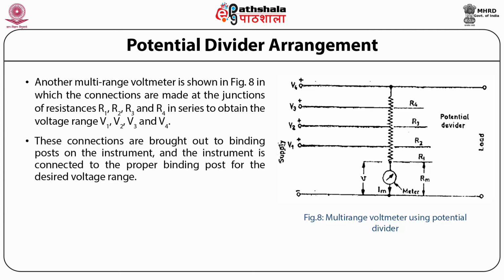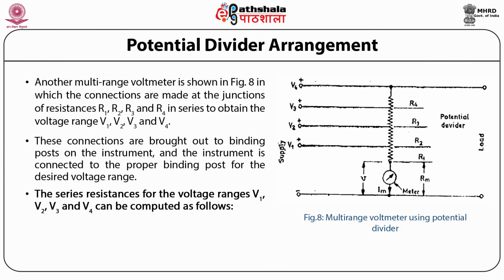These connections are brought out to binding posts on the instrument, and the instrument is connected to the proper binding post for the desired voltage range. The series resistances for the voltage ranges can be computed as follows, where R1 is equal to (M1 minus 1) Rm, and similarly for R2, R3 and R4.